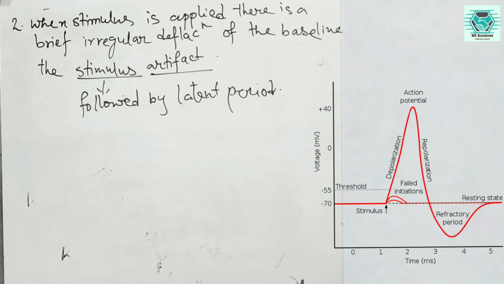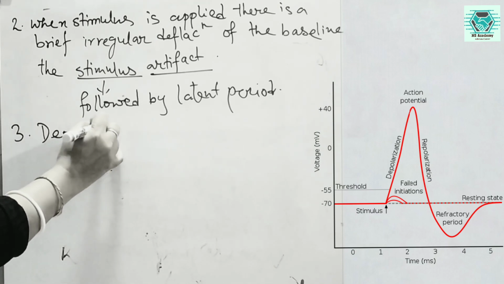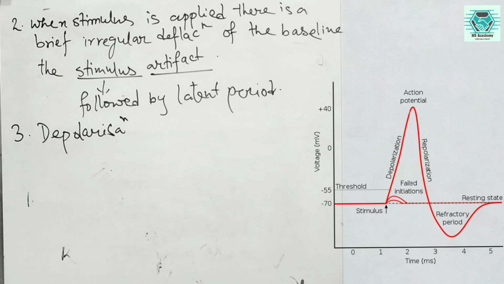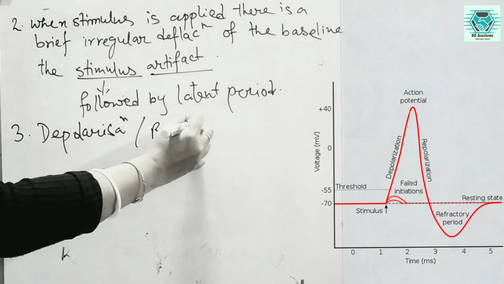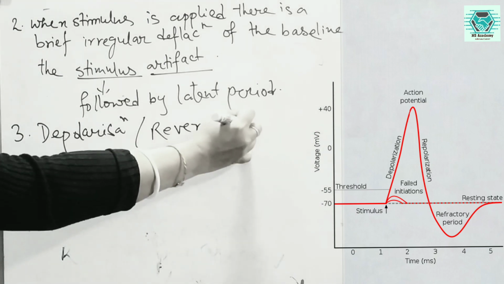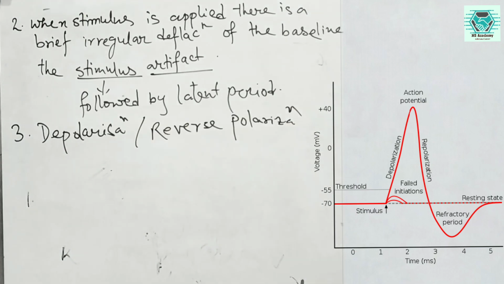Next, moving to the third phase. The first manifestation of the approaching impulse is the beginning of depolarization, or reverse polarization of the membrane.